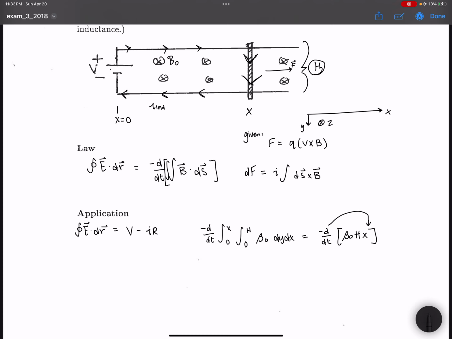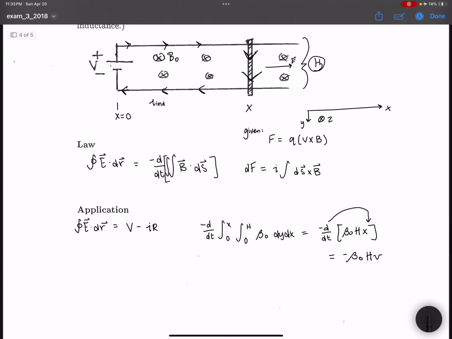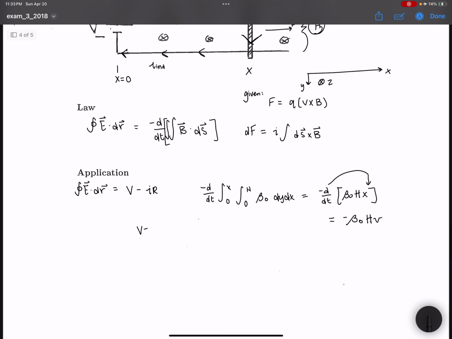I see you drew an arrow, like I did. H, and then this v of sorts is velocity. So then let's set the two sides of the thing equal to each other.